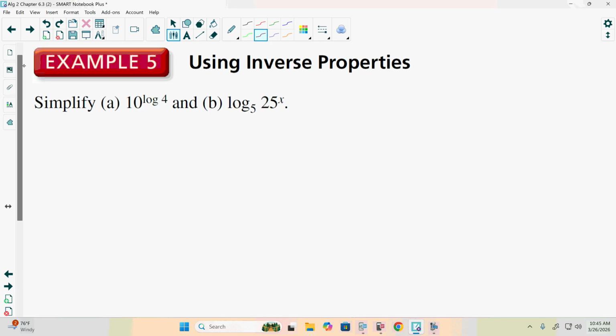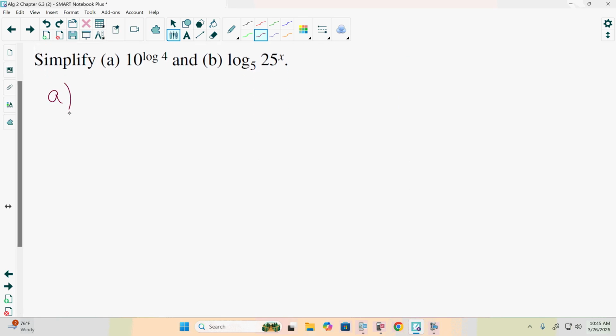And the reason this is helpful is if we look at this first one, a, 10 to the log of 4. Now, even though it's not written, it's understood that when we just have a log without the base written, its base is 10.